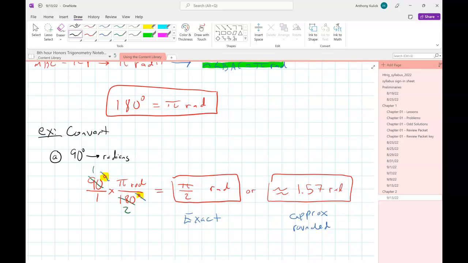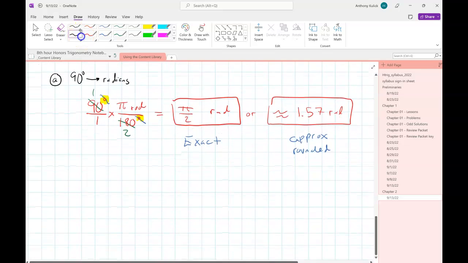The exact answer? Will you have questions that ask for a rounded answer or an approximate answer? Sure, you could. You just have to read the directions and follow them. Okay? But there's nothing wrong with writing 1.57 radians, particularly if it's asking for an answer rounded to 2 decimal places. Unless otherwise stated, I would prefer an exact answer, but everybody's cool with that?